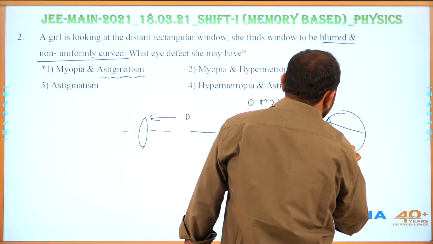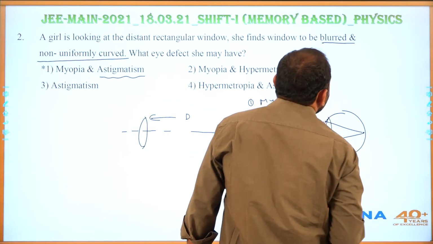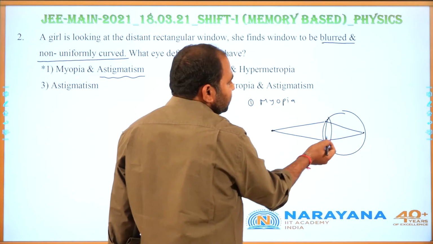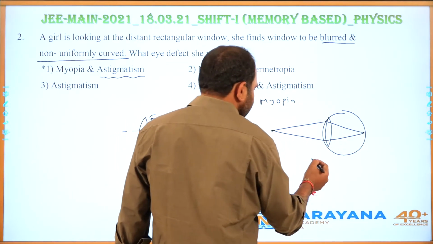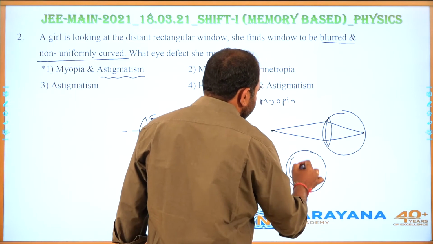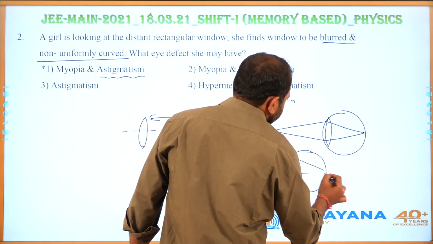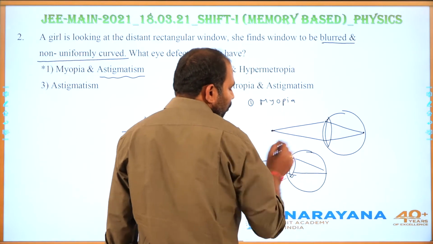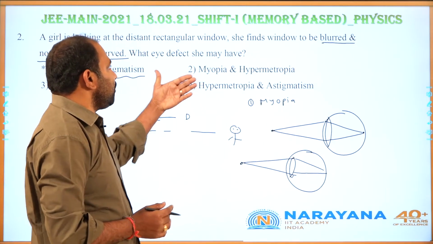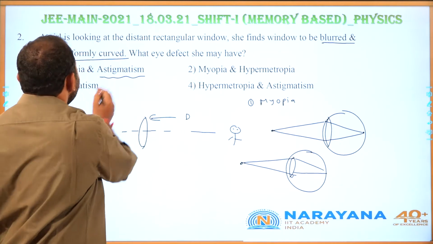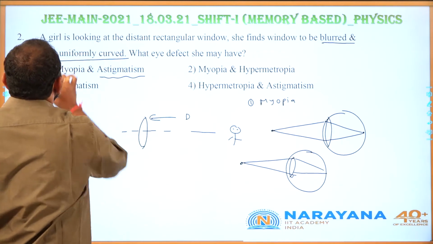If there is no astigmatism, the image will be formed like this. If the eye is having astigmatism, the image will be formed like this. So it is not a point image. So she is suffering from both myopia and astigmatism. So the answer will be the first option.